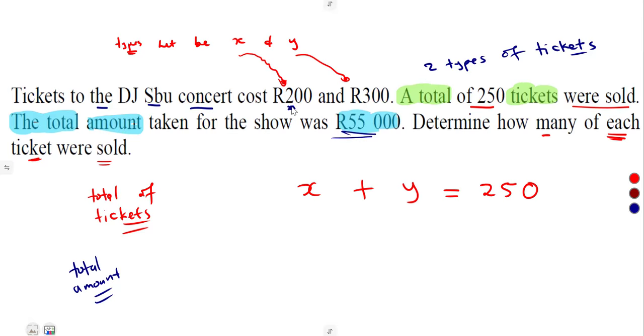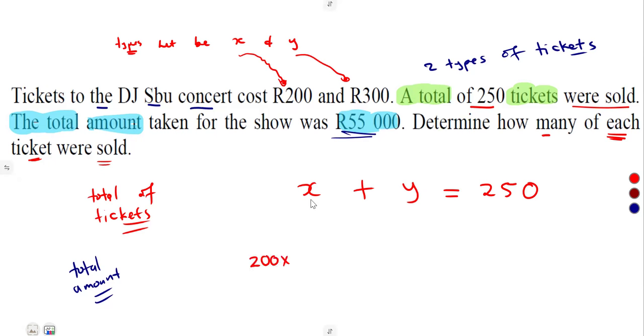A ticket costs 200 for X tickets that are there. So in this case, 200 times X will give us the total. Remember X, that type, how many are they?